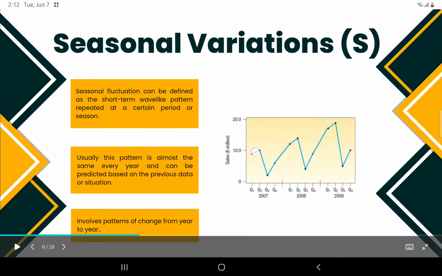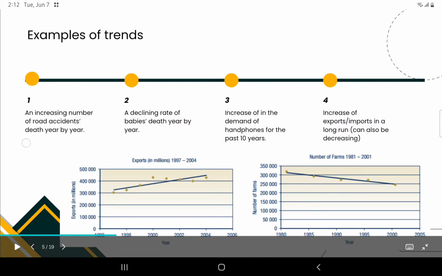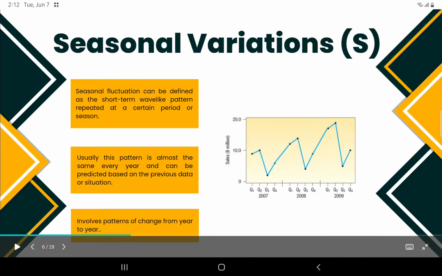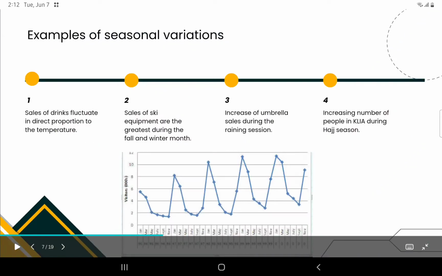In 2007 dia akan naik dekat Q2, quarter 2. 2008 pun sama, dia naik dekat quarter 2. 2009 also dia akan naik dekat quarter 2. So ini namanya seasonal variation, variation bermusim.